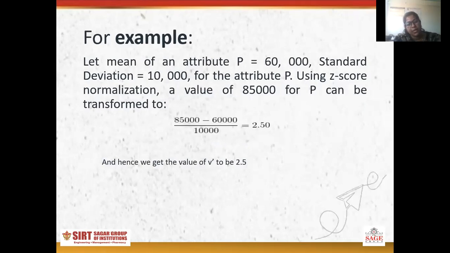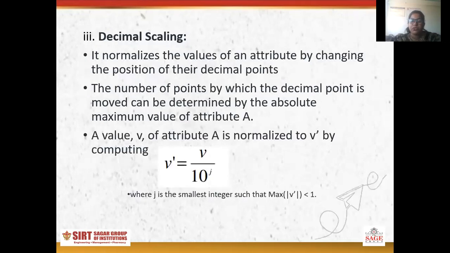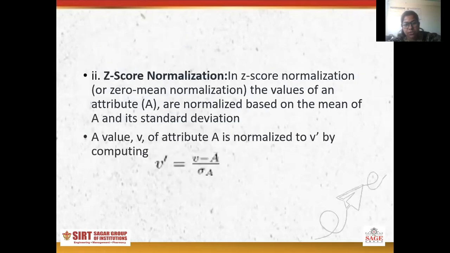What will be its value? 85,000 is the value we need to transform, so we subtract the mean and divide by the standard deviation: (85,000 - 60,000) / 10,000, which equals 2.50. So we get V' as 2.5. I hope you understood Z-score normalization.